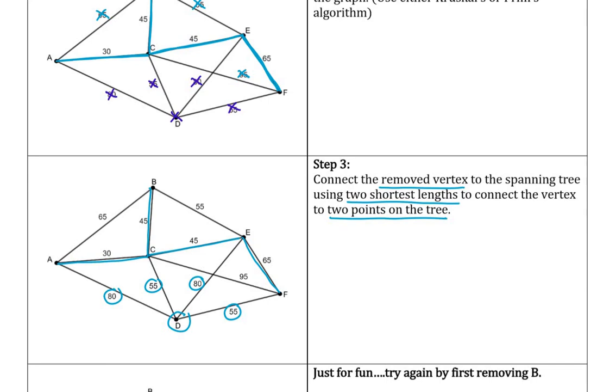Obviously you pick the shortest, so 55 and 55. And these lengths added together would be the lower bound if you removed D. So if I added this correctly, I got 295 as the lower bound, considering D as the deleted vertex.